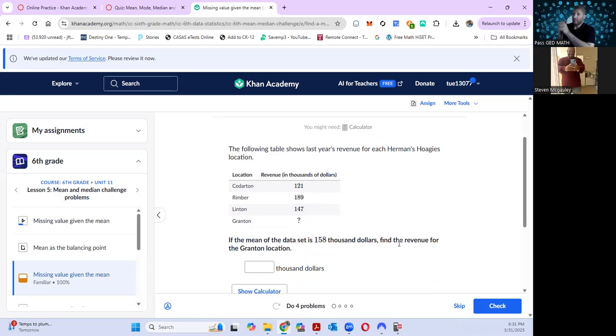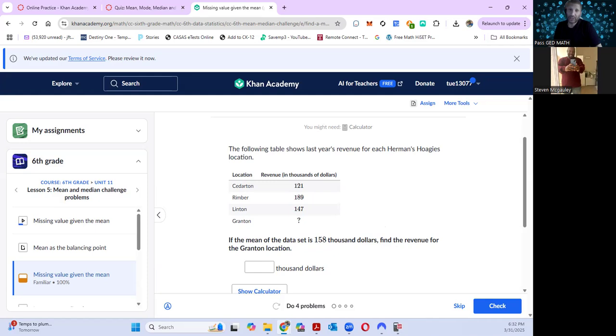No. Look at the second column: revenue in thousands of dollars. That doesn't mean we made $121. It means we made $121,000, $189,000, $147,000. That's the importance of understanding that the column heading says in thousands of dollars.